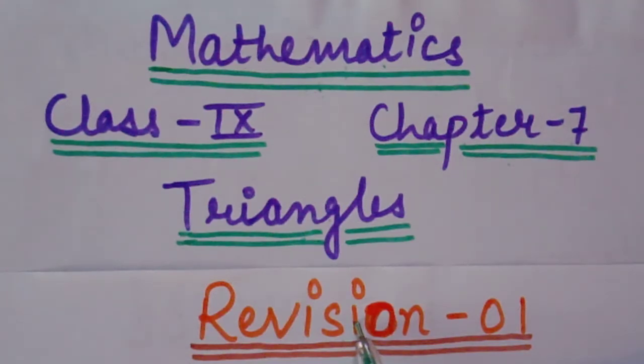Today, we will revise some concepts and theorems as well, because we have to recall all the theorems and concepts. It is compulsory for revision and preparation for your test. So students, start your lecture with the definition of triangle.